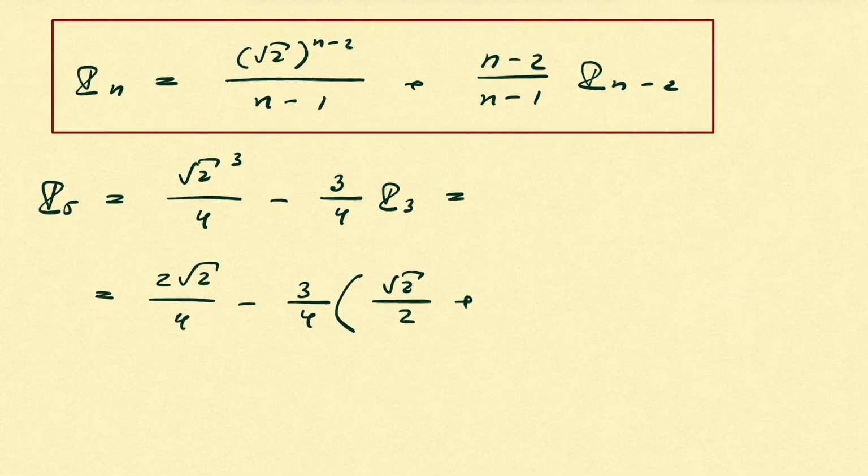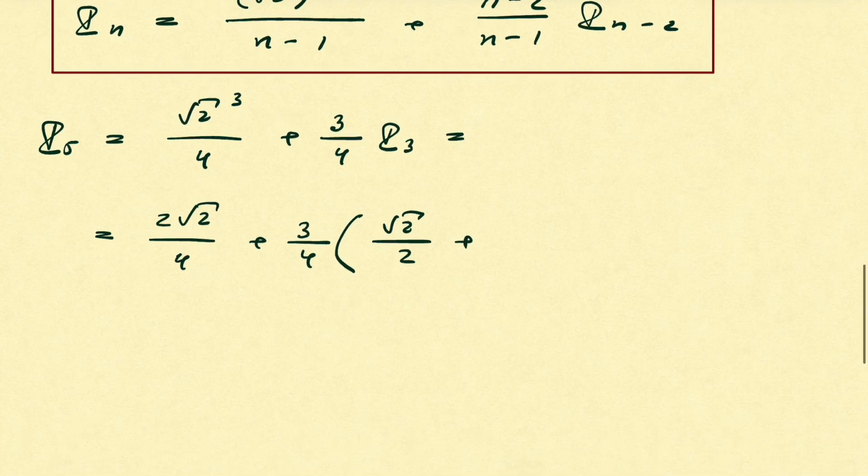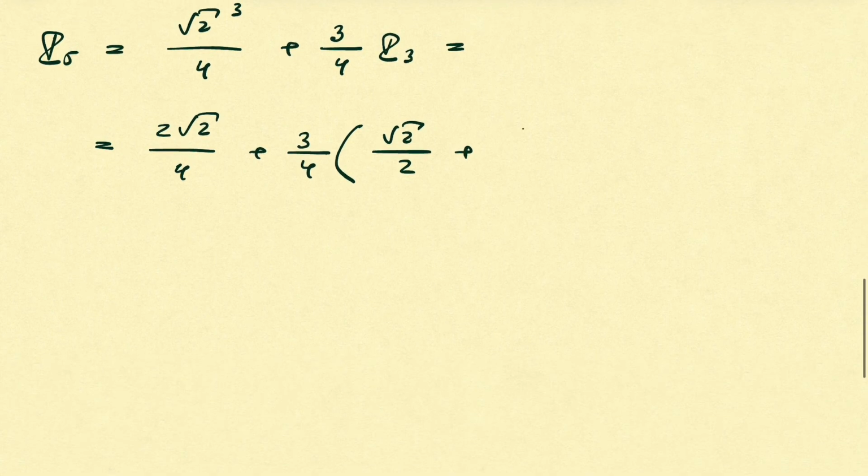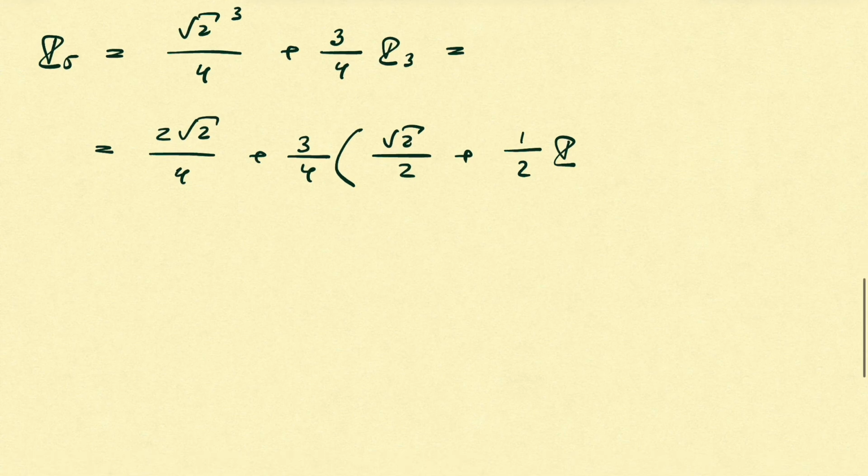yeah, sorry, here we have plus, not minus, it's plus, and here as well. Okay, now we have square root of 2 over 2 plus 1 over 2 I1. Good.